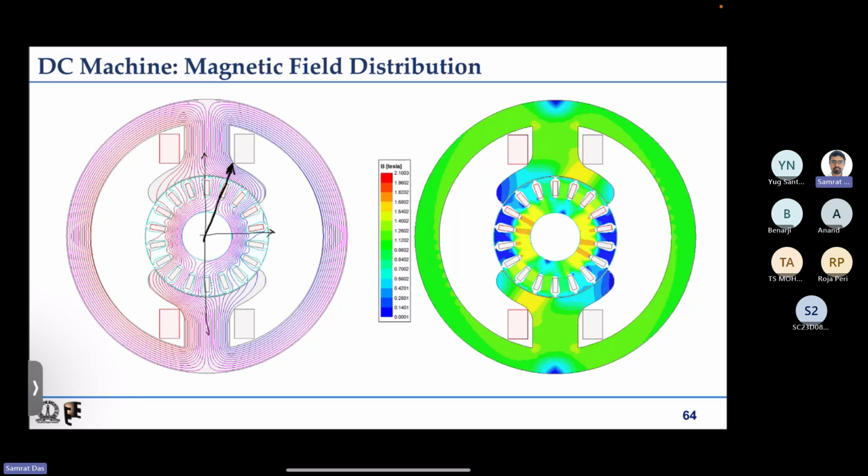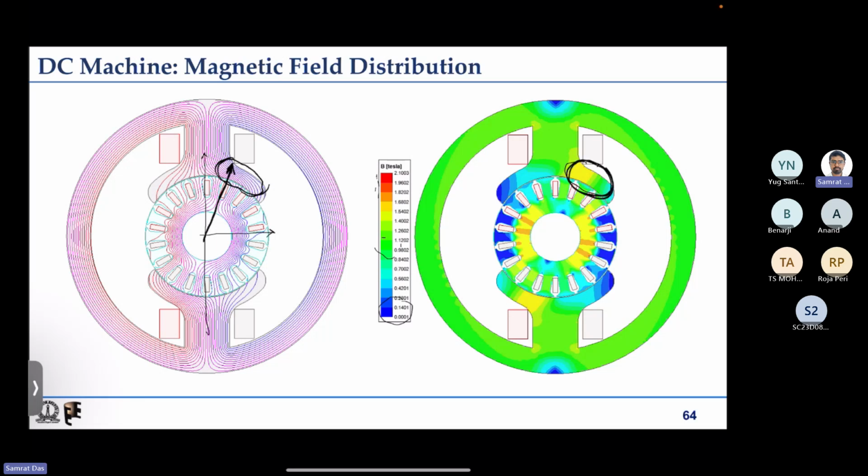But we can see that on one side of the stator pole, the flux density is increasing. You can also look at the color plot, where blue indicates the lowest flux density, green the mid flux densities, and red or orange the maximum flux density.